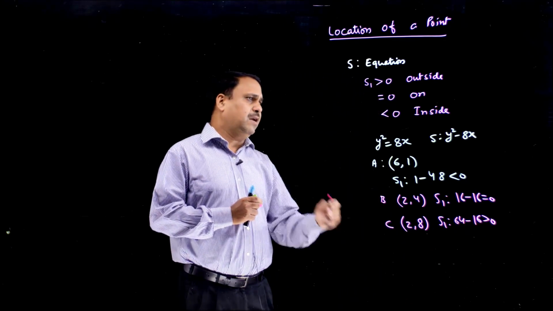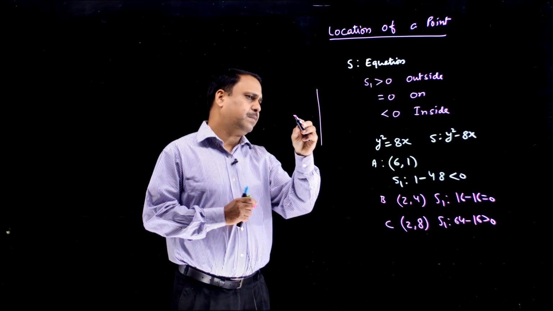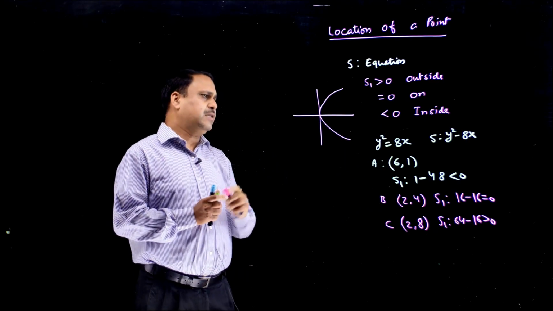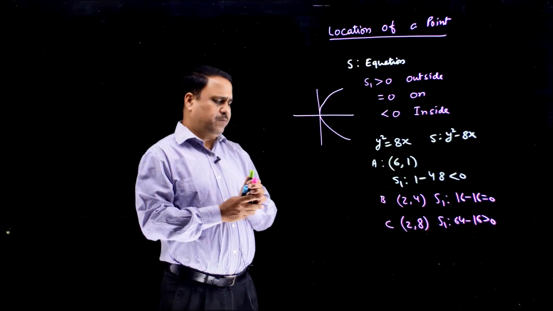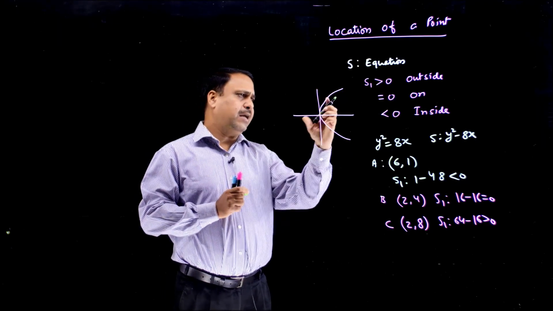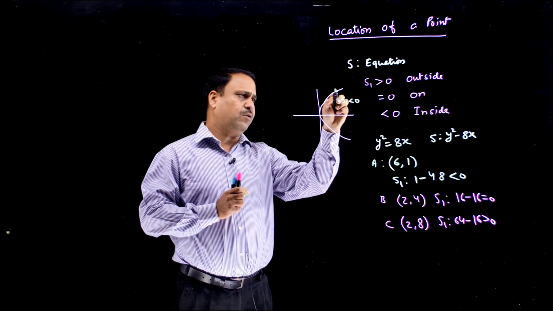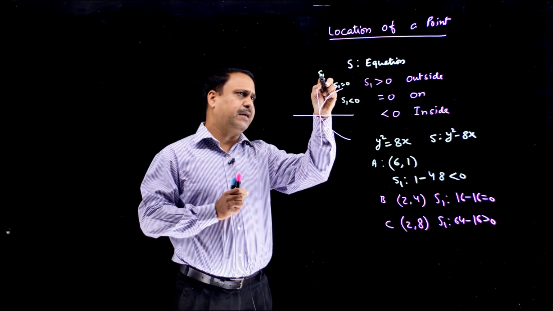So I want to check the relative position of the points. It will be of this type. Point A is inside. Inside means between these two walls, inside here. So this portion is known as inside. Here S1 is less than 0. If it is on the curve, S1 is equal to 0. If it is outside, S1 must be greater than 0.